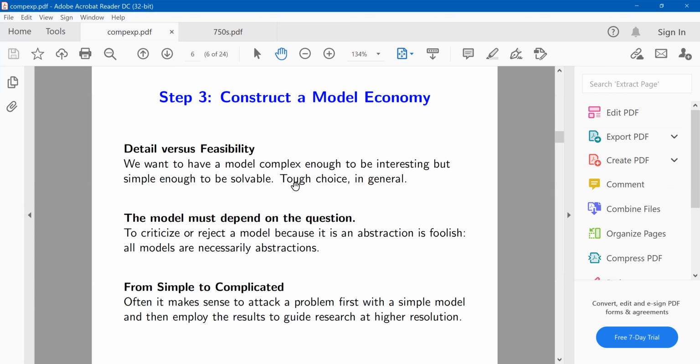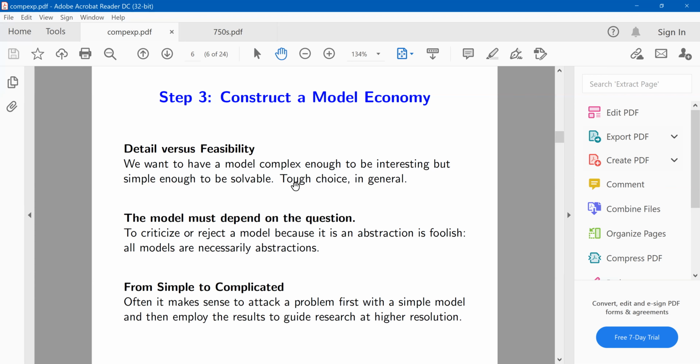One thing is that there is usually an optimal choice between detail and feasibility, right? So you want to have a detailed model, obviously, right? Because, this of course depends on your research question, but usually for the question to be interesting enough, you should add many, many more realistic features into the model.